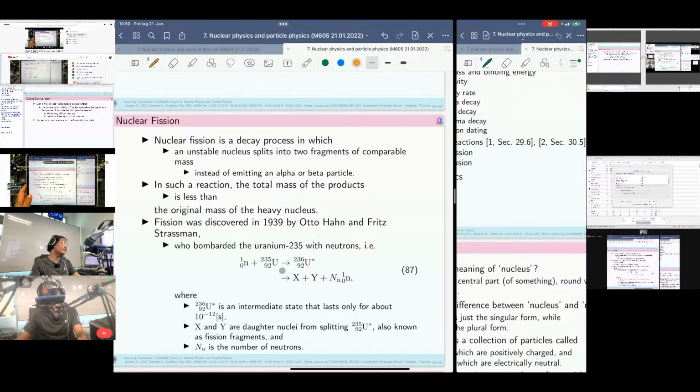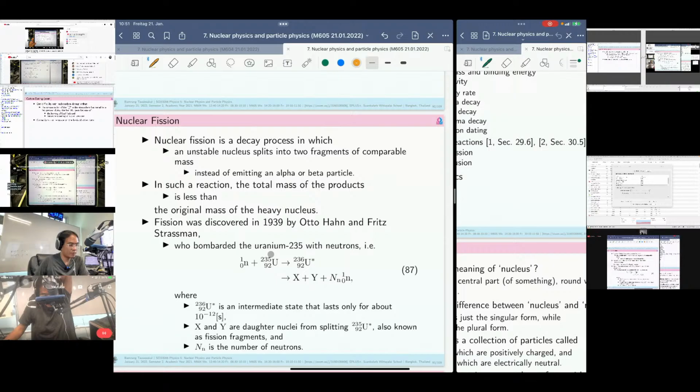These two physicists accelerated the neutron, and the neutron hit the uranium-235. Of course, once you add one more nucleon, the nucleus gets bigger, but it stays in the star notation.